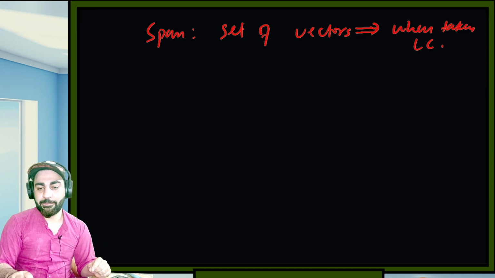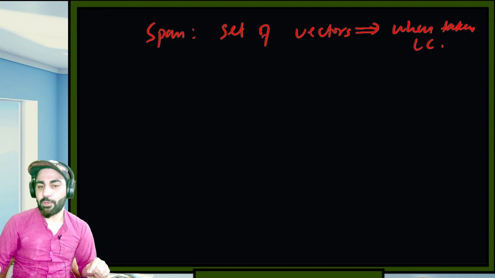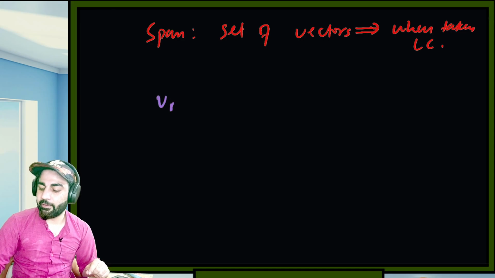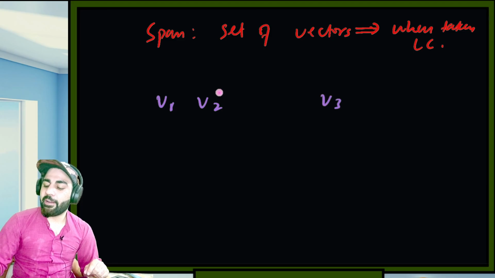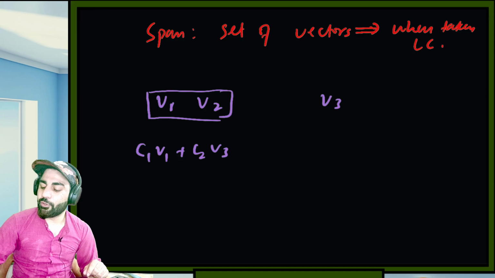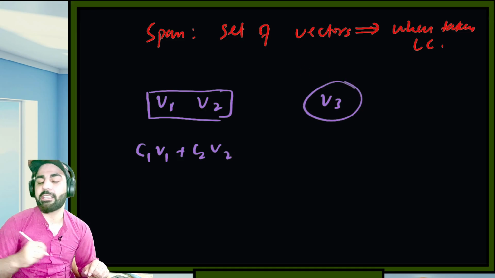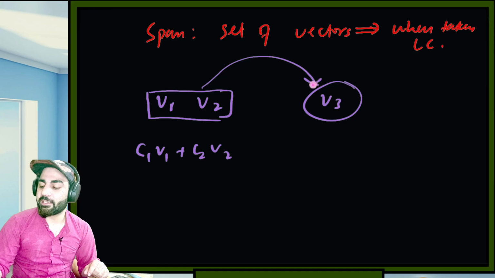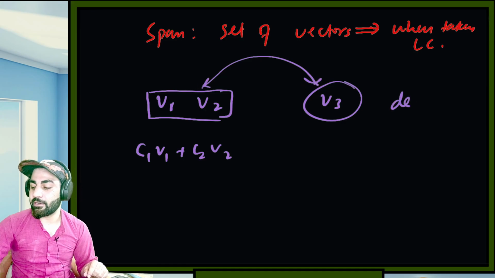Let's suppose you have vector v1, vector v2, and a vector v3. If I take some linear combination of these vectors, let's suppose c1 v1 plus c2 v2, and I am able to get this vector v3 somehow, then I'll call these vectors linearly dependent vectors.